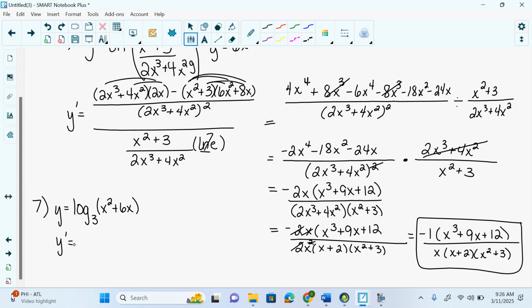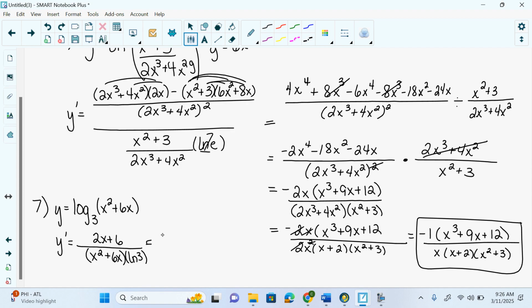Okay. So we're going to get x squared plus 6x in the bottom times what? Ln of 3. And in the top, 2x plus 6. What could we do?